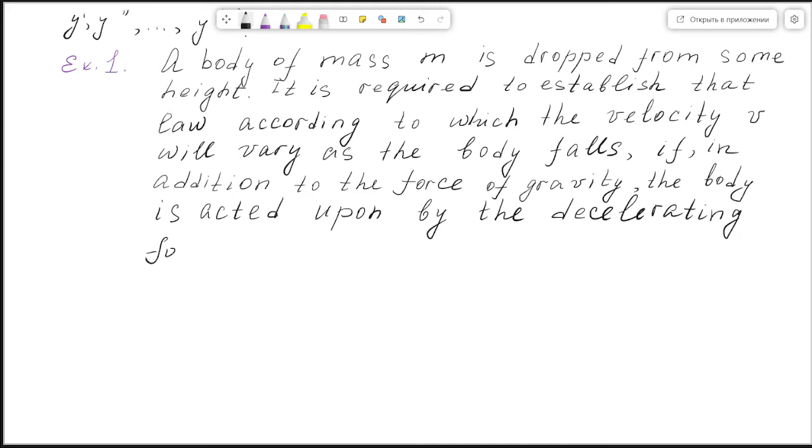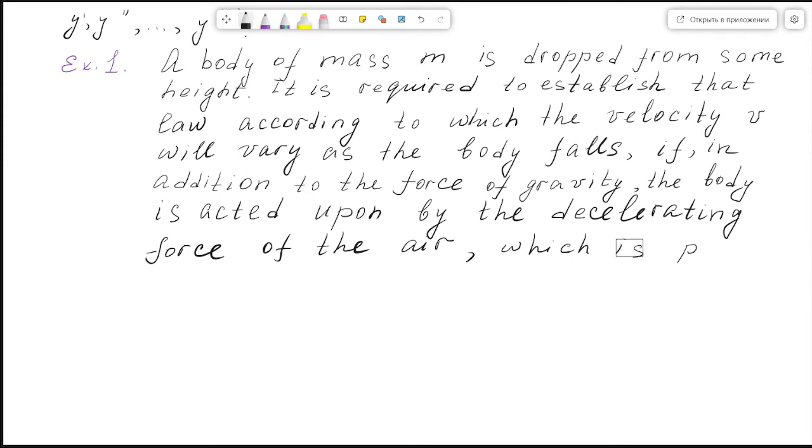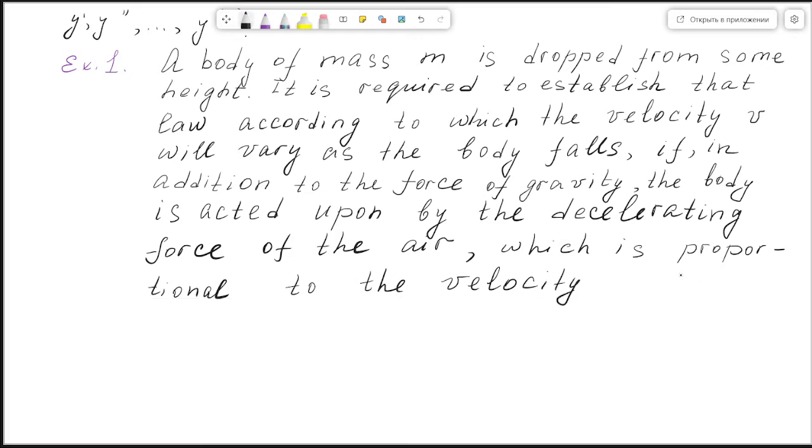decelerating force of the air, which is proportional to the velocity, with constant of proportionality k.